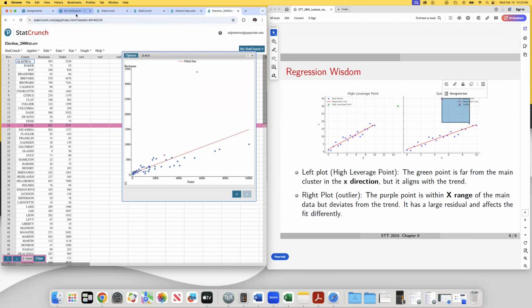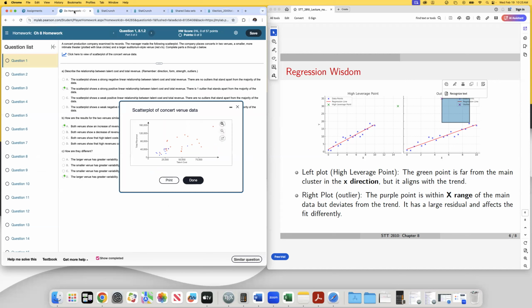Now let's get to the example one here. You see the maximum here. Look at the y. It's even less than 120,000. But look at this one here. It is around 160,000. Can you see that? Yes. Good. So that is why it is an outlier.